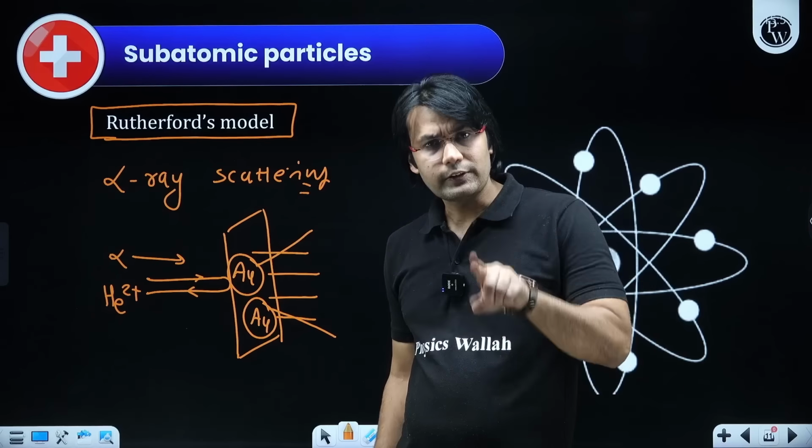Basically that's how your electron does radiation. When it goes from lower orbit to higher orbit, it will absorb energy, and when it comes from higher orbit to lower orbit, it will radiate energy. The absorption and radiation by the electron is done in terms of electromagnetic wave. So when your electron goes from outer orbit to inner orbit, it will radiate energy in the form of quanta, in the form of wave.